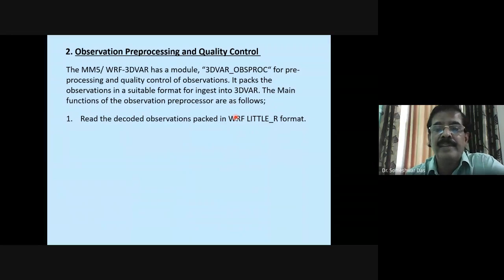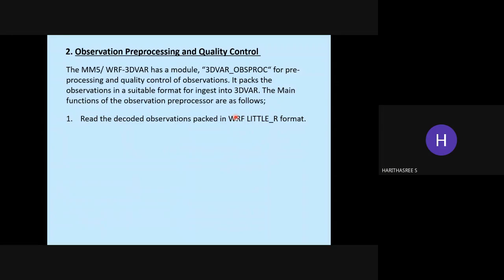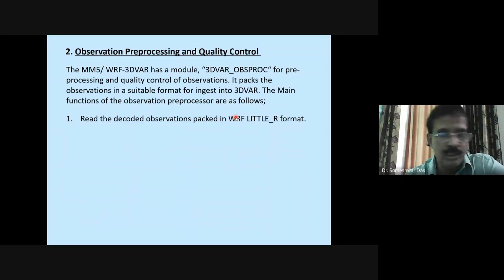The standard observations which are received, say from the synop or temp. You remember what is the temp? Temp is the radiosonde format only. Correct, yes. So all these formats are anyway standard formats. But any new observation that you might collect, that is not in the standard format, you have to put into the WRF little r format. Okay.